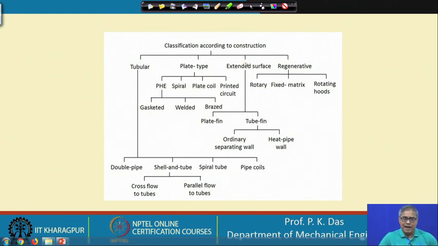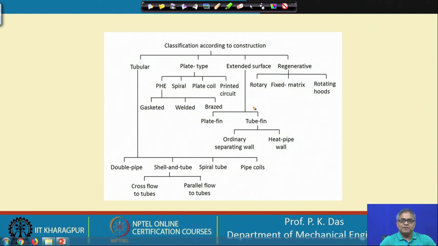Then we have extended surface. What is extended surface? A surface generally takes part in heat transfer, particularly convective heat transfer, and the more the surface area, the more is the heat transfer. Now, what is done?